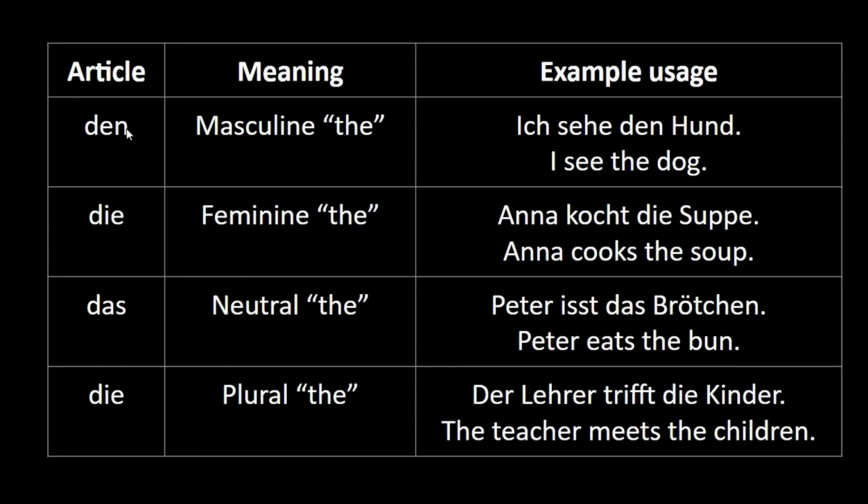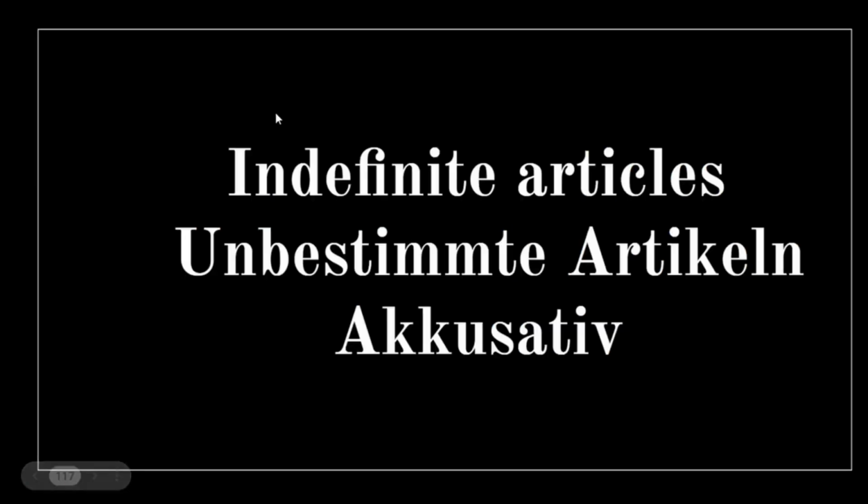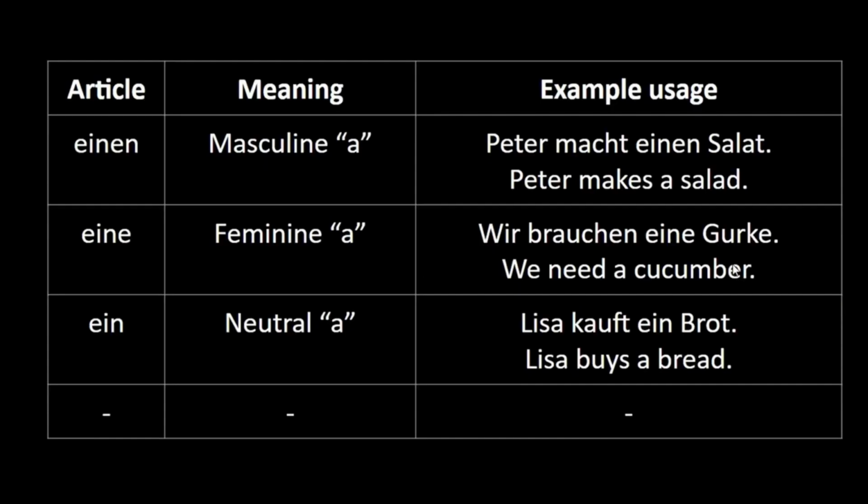So if I have to remember the definite article, that is the bestimmt article in accusative case, I remember it with the rhythm den, die, das, die. Den, die, das, die.